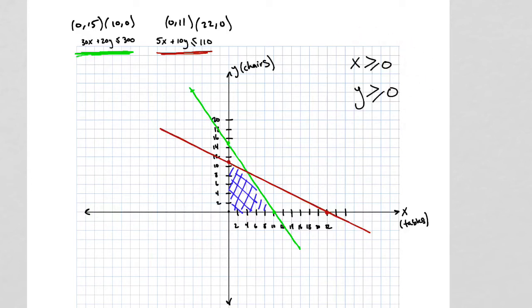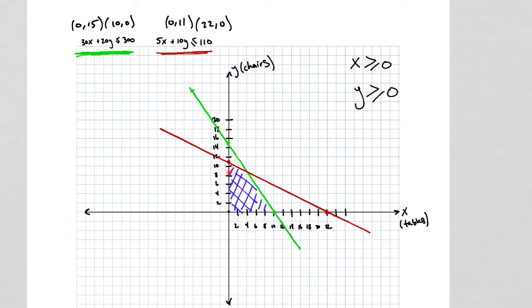So for y to be greater than or equal to 0, it has to be everything up here, right? Here's all positive y's. Here's all positive x's. So that's going to be the lower bounds of this feasible region, will be here. We get these borders of the feasible region from these constraints.